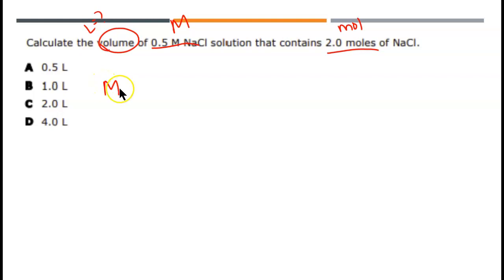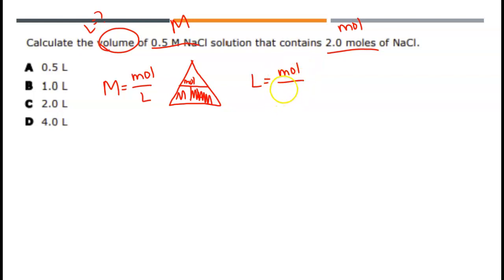I know my equation is molarity equals moles divided by liters. If we're looking for liters, you can just rearrange the equation. Or, if you're not sure, think of this triangle where we have moles, molarity, and then liters. We are looking for liters, so when we cover it, our equation is liters equals moles divided by molarity.